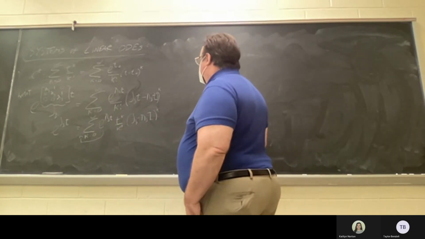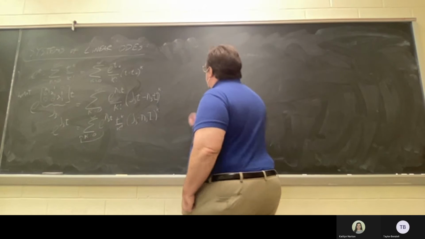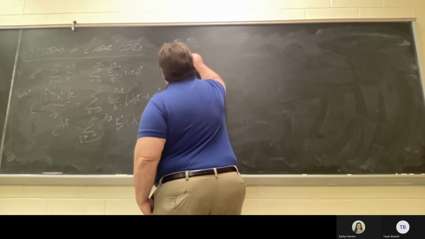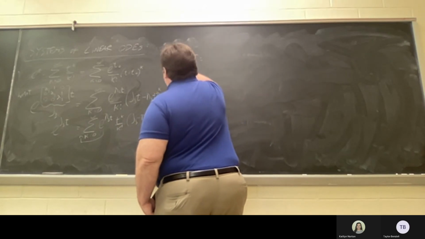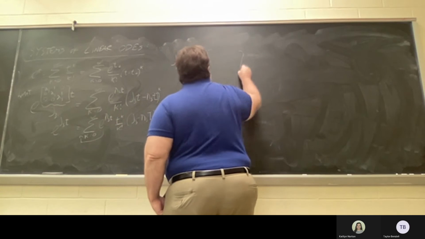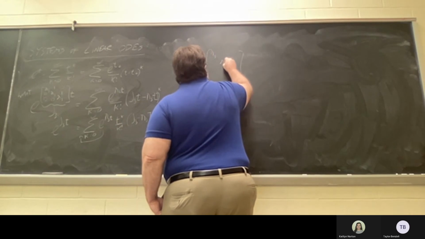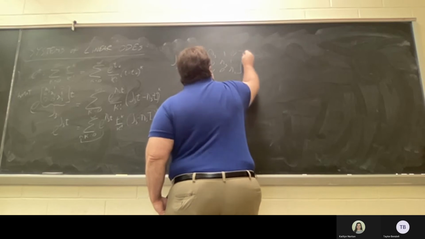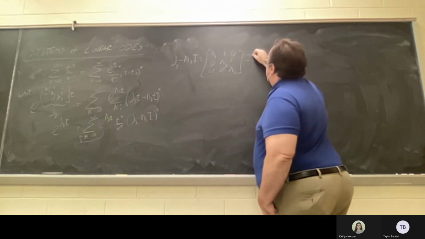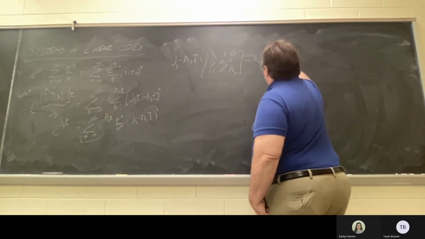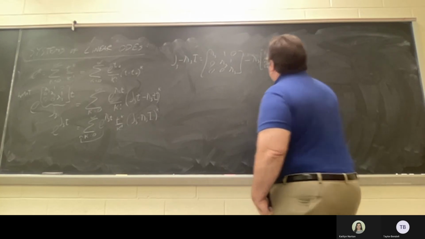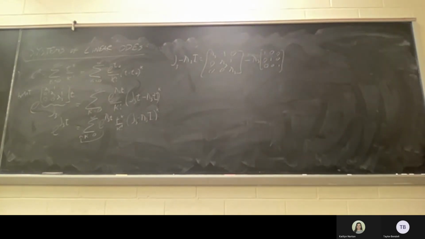So now J minus lambda 3 identity, so J3. All right, let's work out what that is. So minus lambda 3 times the identity matrix. That means I'm subtracting lambda 3 from every diagonal entry.